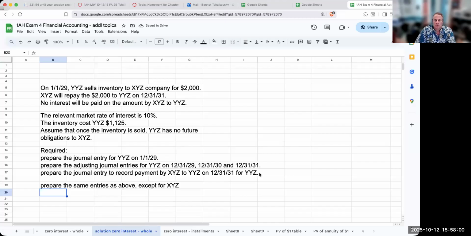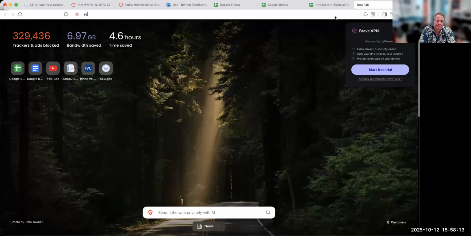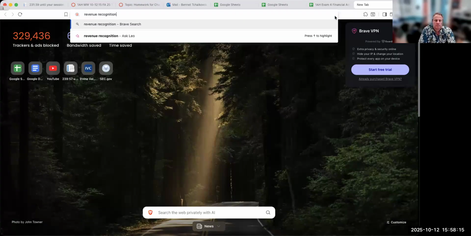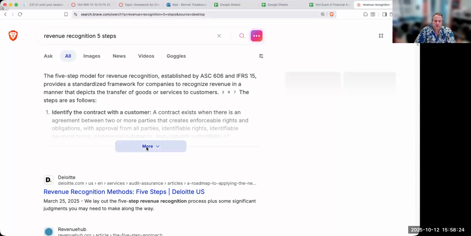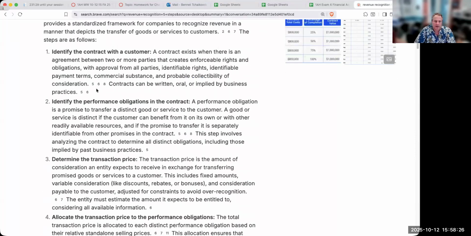Okay, so a couple of different things are going on here. When we look at the concept of revenue recognition, there are 5 different components, essentially 5 steps to recognizing revenue, and this was established a little while back.